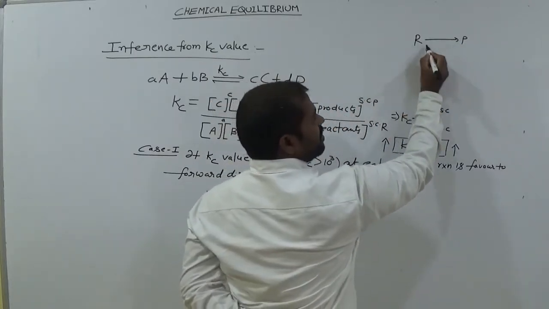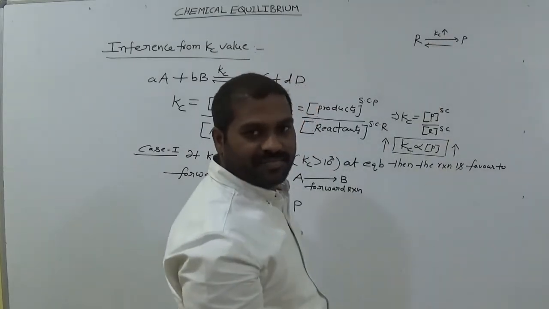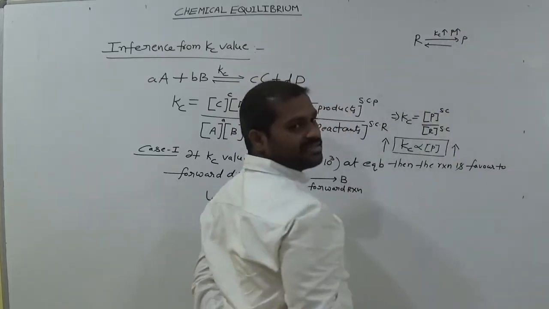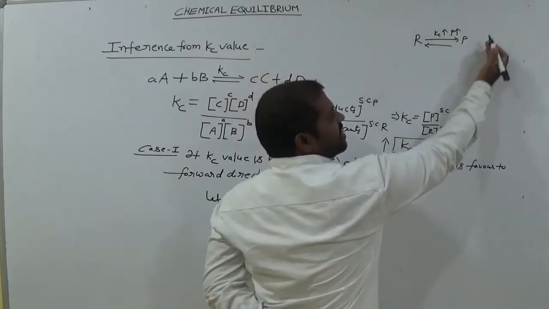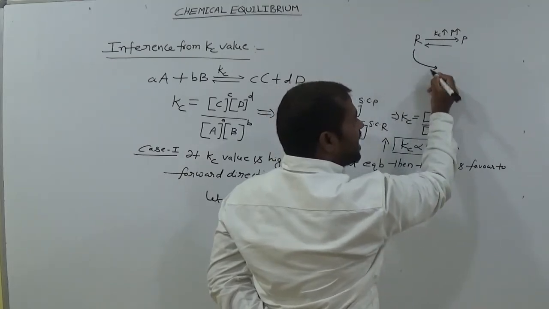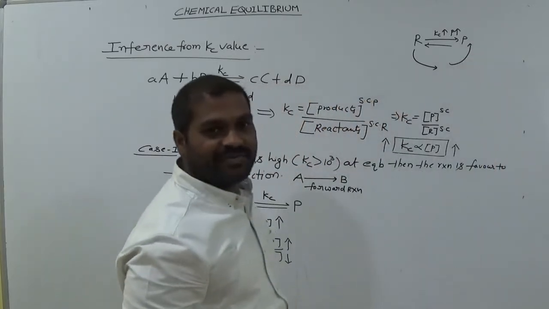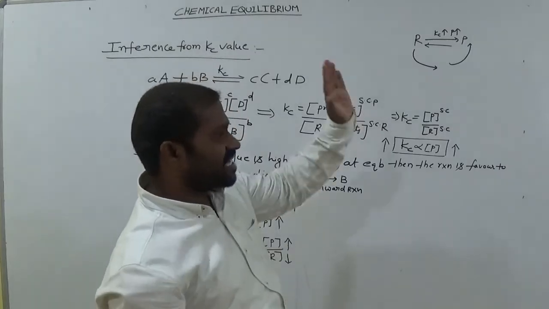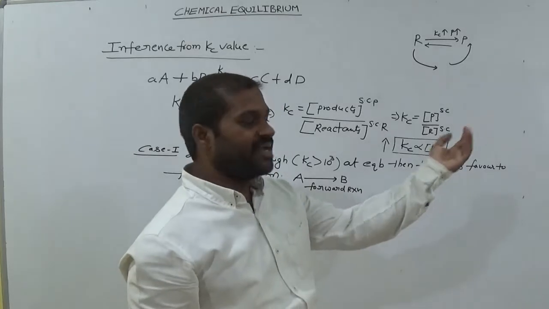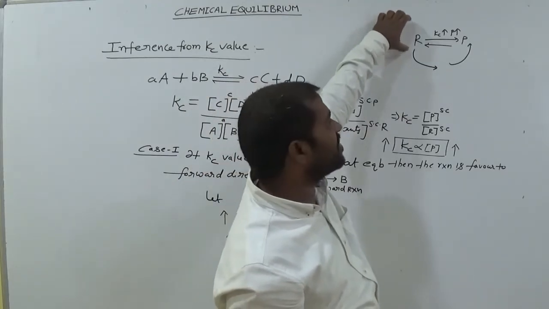So where the Kc value is high, the product concentration is high. An increase in the concentration of products means a decrease in the concentration of reactants. So the reactants are converted to products.